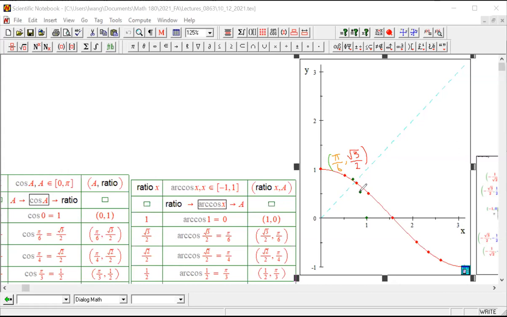Okay, that's just for this point. Okay, this green, what about this green? This green, we started with √3 over 2. And the orange is pi over 6. Okay, they are on both sides. So this guy is over here.